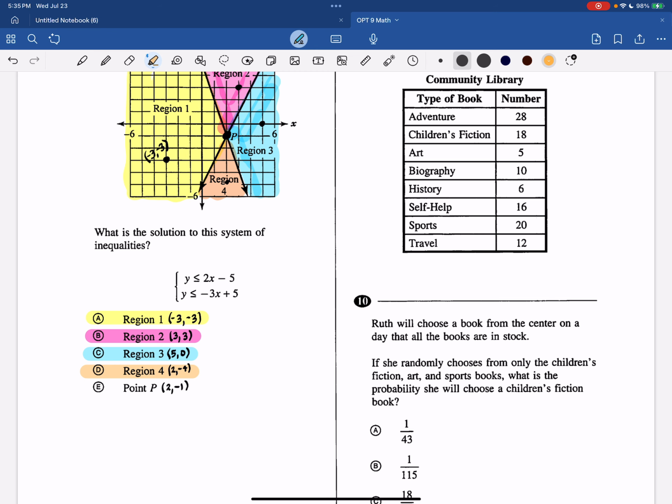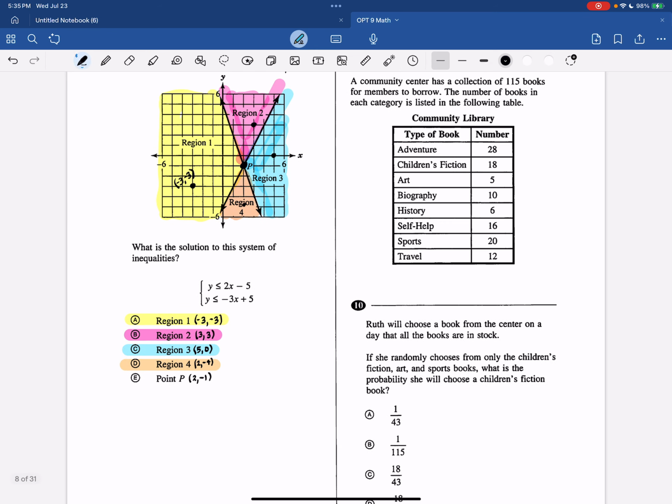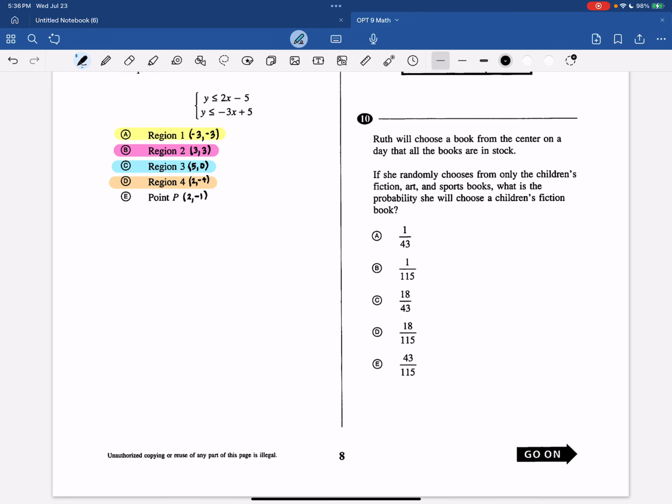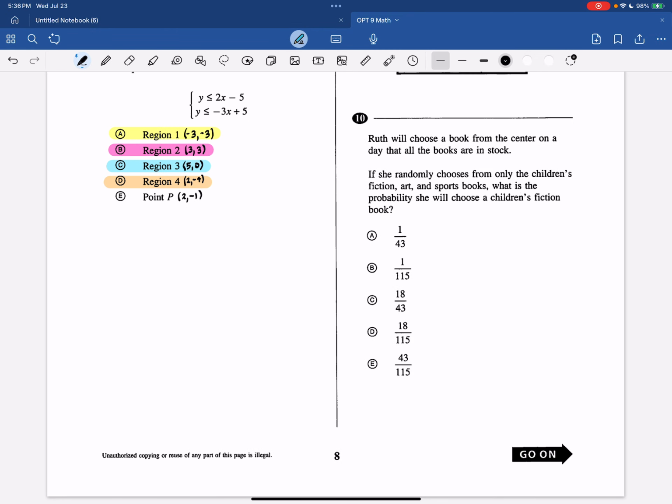And then point P is not a region, it's just a point. So the color coding will help you to understand if you want to do that. And I'm going to start with region 1, which we have made on this diagram yellow, and I've chosen the point (negative 3, negative 3).